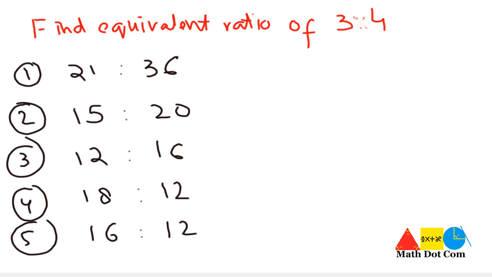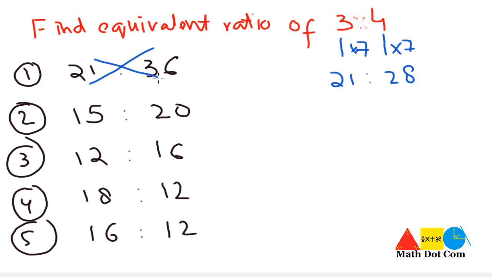So first we will see, if we multiply 3 with 7, we will get 21, and multiply 4 with 7, as we have to multiply the same digit on both sides, then we get 21 ratio 28. As there is no value of 21 ratio 28, so we will say this is not the equivalent ratio of 3 ratio 4.